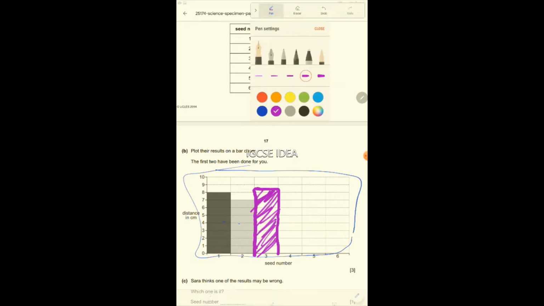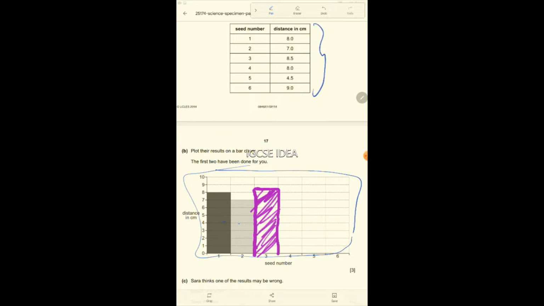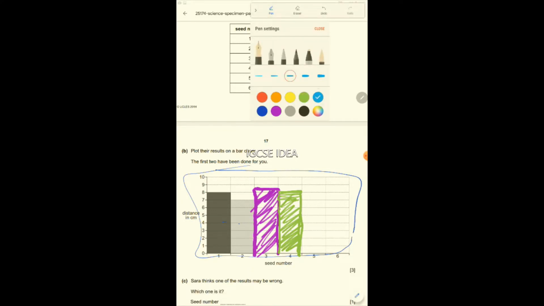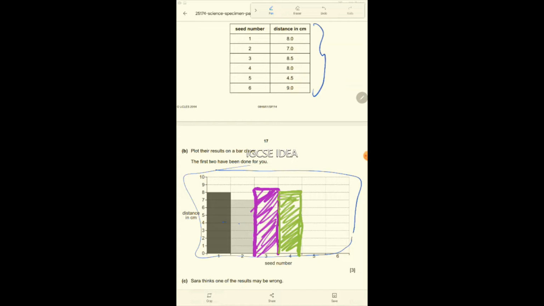The next is seed 4, which is 8. It's exactly 8. The next seed is seed number 5, which is dispersed 4.5 centimeters.